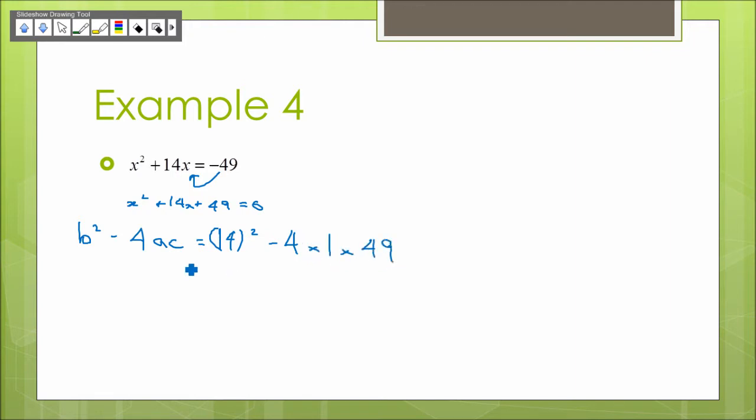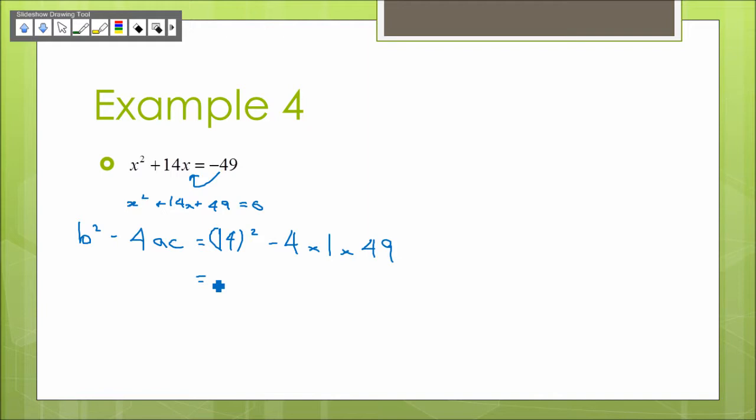Okay, example number 4. Notice how this isn't quite written in the general form of a quadratic. We need to move the 49 back over here so that it's in its proper format. This becomes x squared plus 14x plus 49 equals 0. Now the discriminant, b squared minus 4ac, is 14 squared minus 4 times 1 times 49.